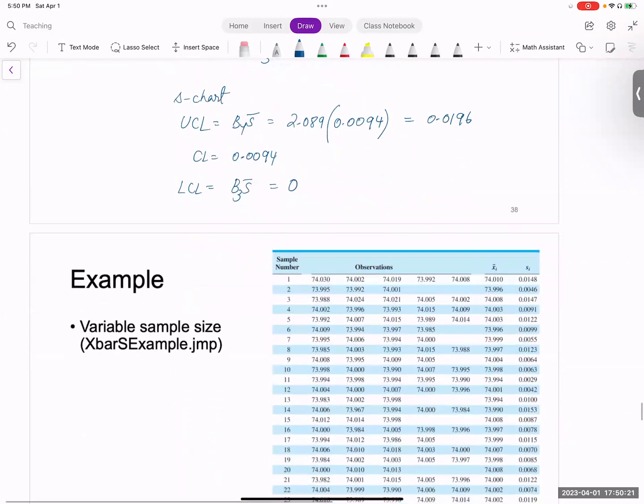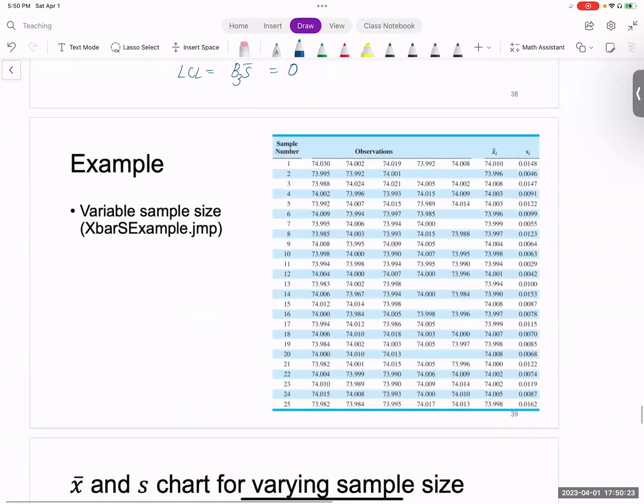Now, there's a quick variation of this problem. Sometimes you'll have missing data. For instance, in this table, for sample 2 you have missing data, and for samples 6 and 7, again, you have missing data. This missing data leads to a variable sample size problem, because every single sample has a slightly different sample size.